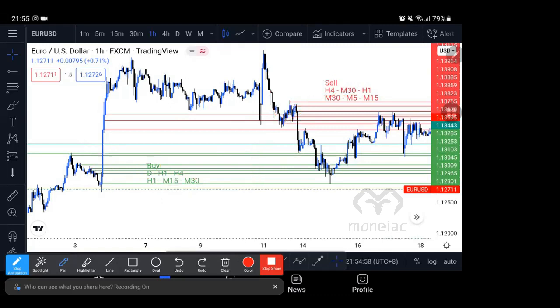Okay, but what we are having at this moment, because we wait over here for buy, we wait here to buy, and the price is coming. When the price is coming, we just look for the sell first, because the price is coming from the sell.